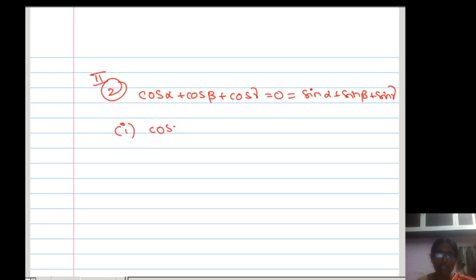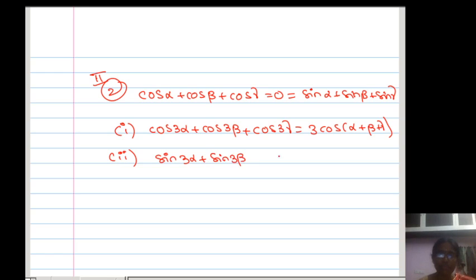First condition is cos 3 alpha plus cos 3 beta plus cos 3 gamma is equal to 3 cos of alpha plus beta plus gamma. What is the second point? Sin 3 alpha plus sin 3 beta plus sin 3 gamma is equal to 3 sin of alpha plus beta plus gamma.